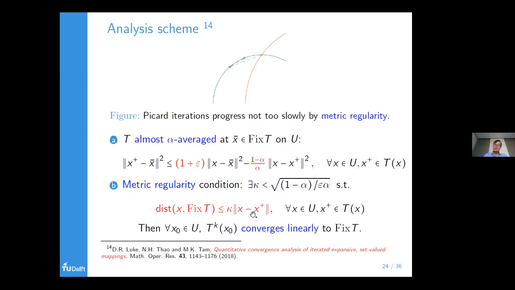This condition also means that the step size, this term x minus x plus, is not too small compared to the distance to the nearest solution. And this condition actually is a necessary condition for linear convergence of any fixed point iteration.